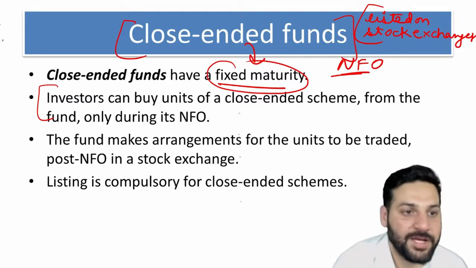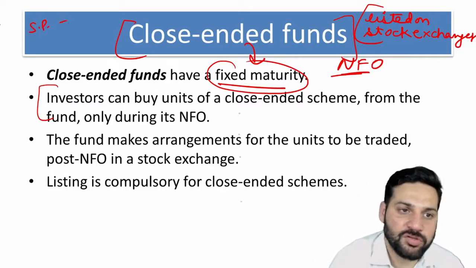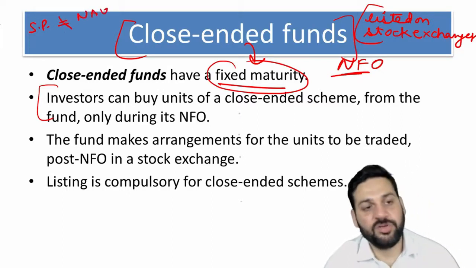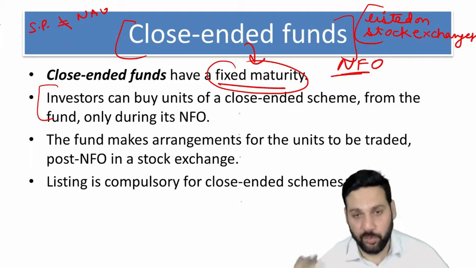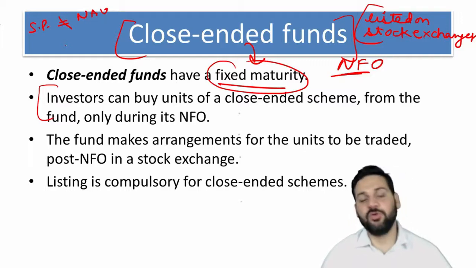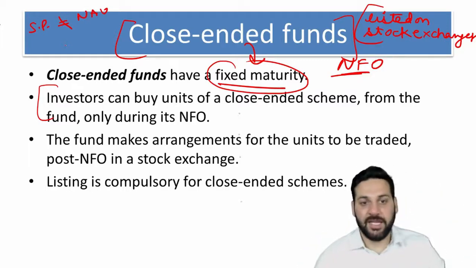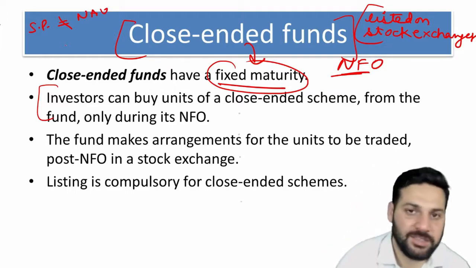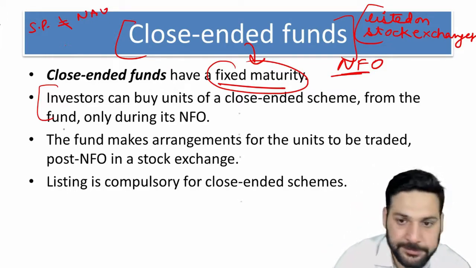So the selling price won't be equal. Most of the time, selling price won't be equal to the NAV. Most of the times you need to sell it at a discount, right? So you need to sell it at a lower price than NAV, right? So there is a problem of liquidity. It is not that liquid, right?